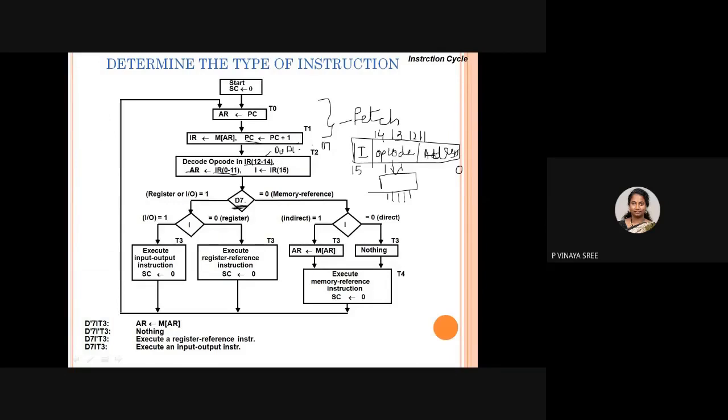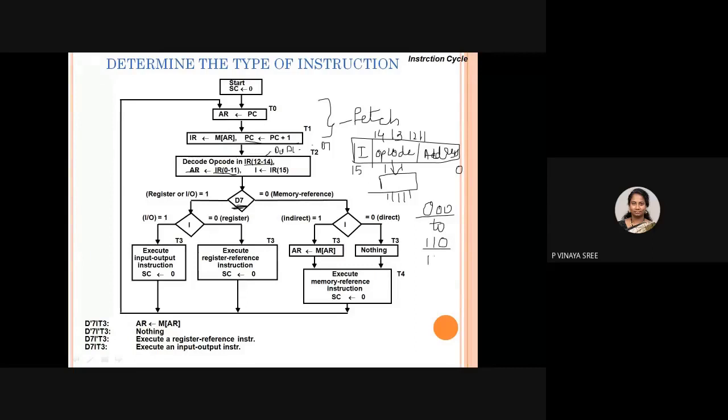Because we already studied that memory reference instructions go from 000 to 110. Yes, 0 to 6 will be memory reference instructions.